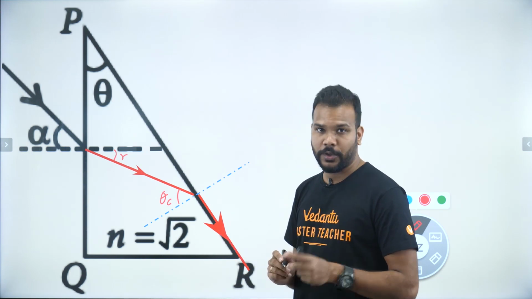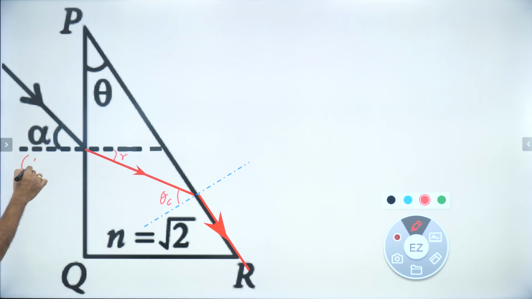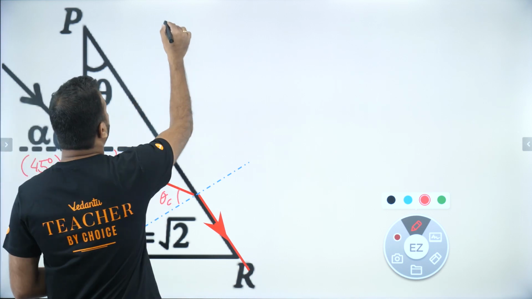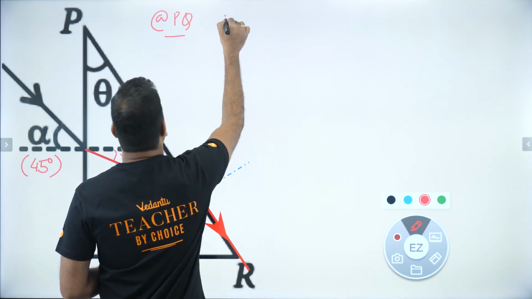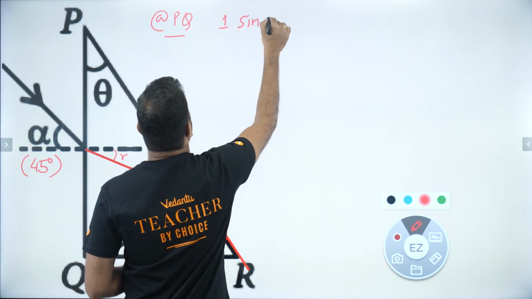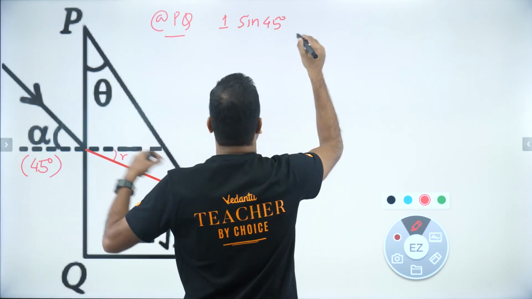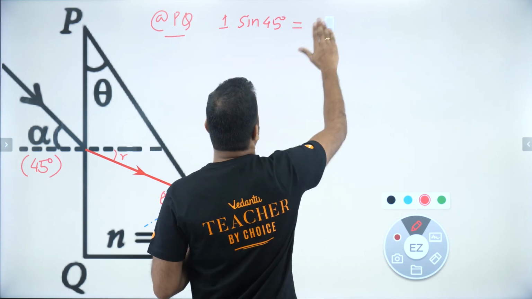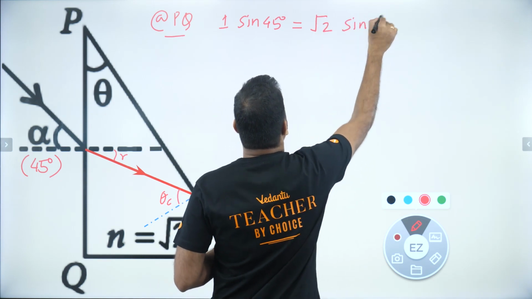The refractive index is also given to us. Okay guys, so what is known to us is the angle value alpha, its minimum value is given as 45 degrees. If I try to apply Snell's law at this interface, that is PQ, I can say that 1 into sine 45 degrees, that is mu1 sine i, is sine alpha, which should be equal to mu glass, whose value is also given to us as root 2, times sine r.